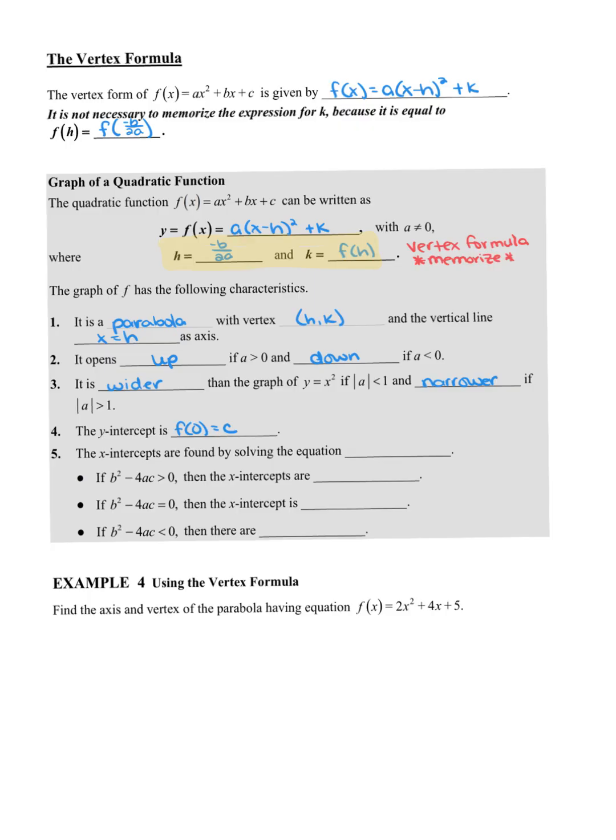The x-intercepts are found by solving the equation ax squared plus bx plus c equals 0.